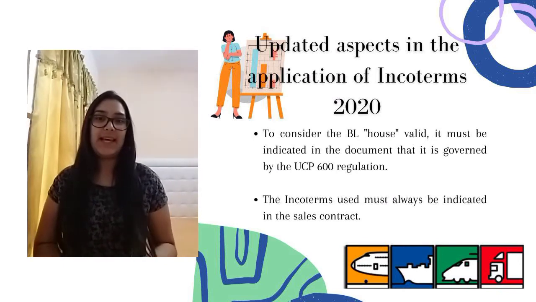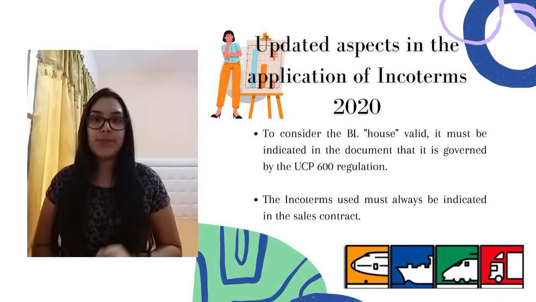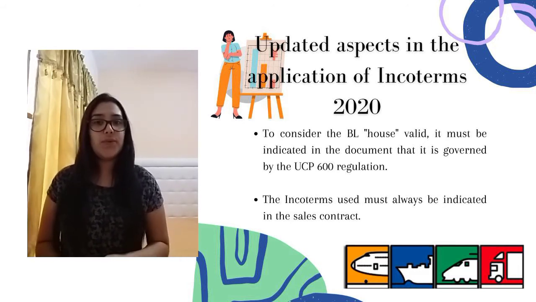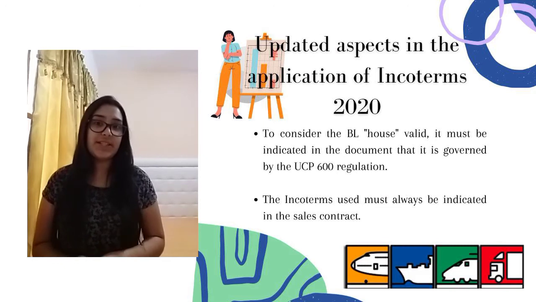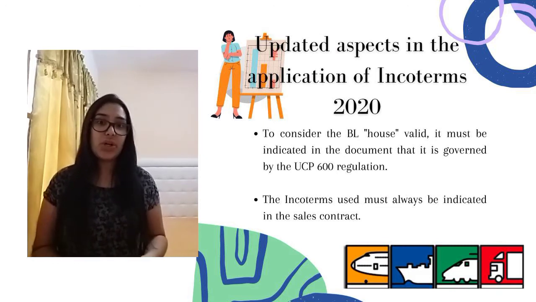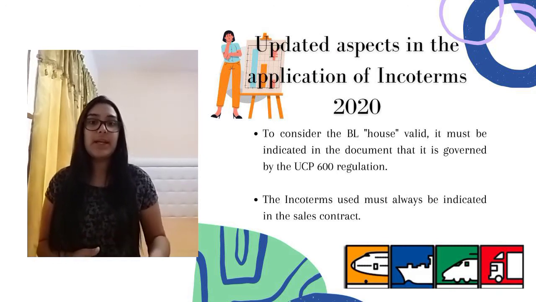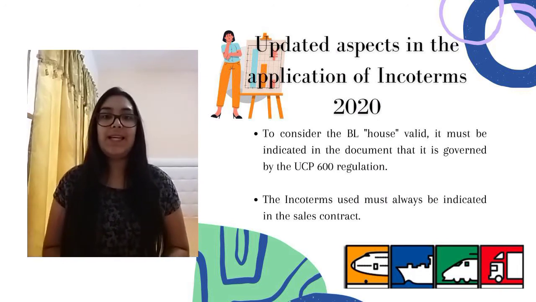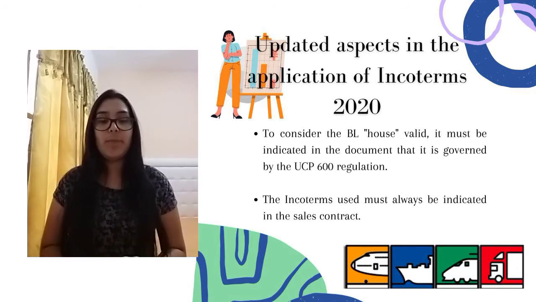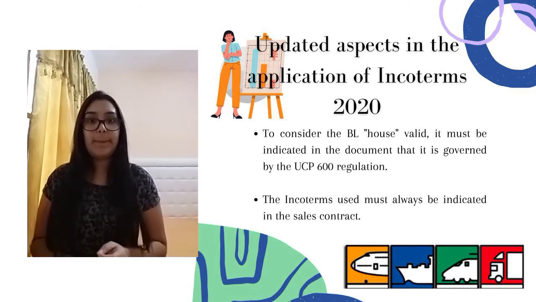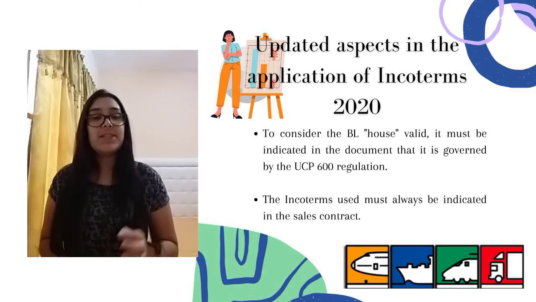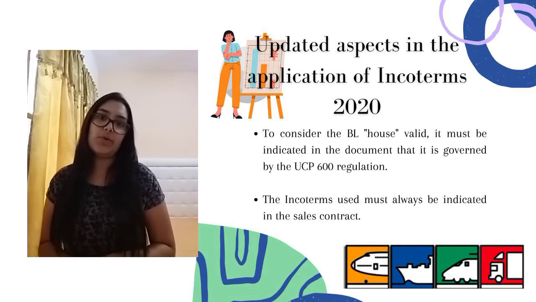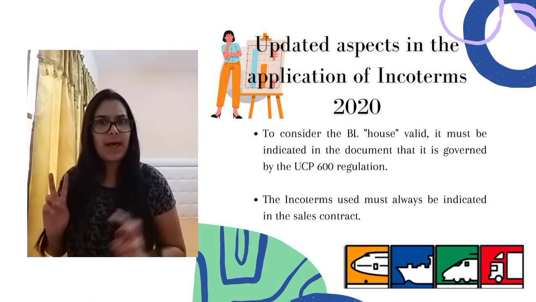Updates expected in the application of Incoterms 2020. On the other hand, there are also some factors that have changed with respect to the application of Incoterms 2020. To consider the house bill of lading valid, it must be indicated in the document that it is governed by the UCP 600. This UCP 600 governs documentary credits, because it is the only one that addresses the house bill.